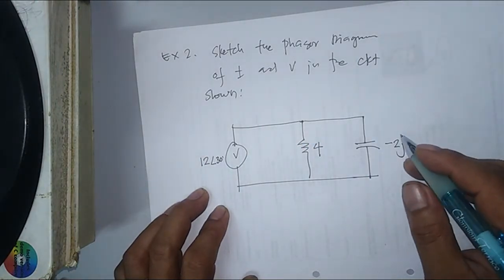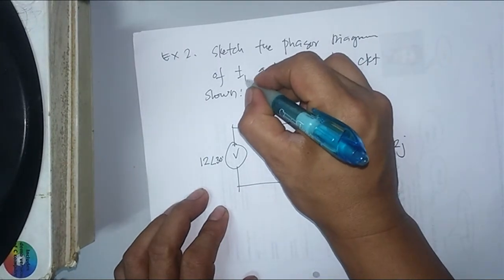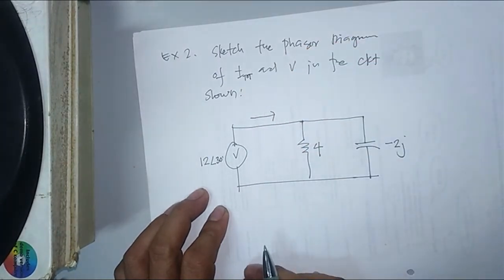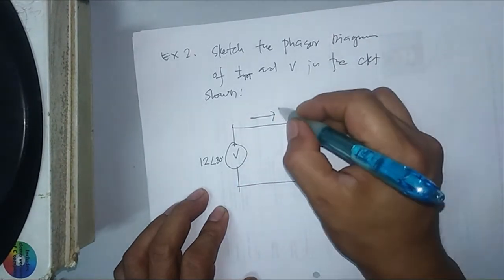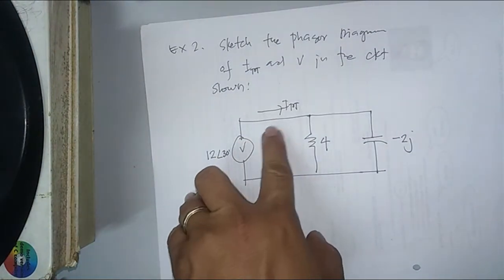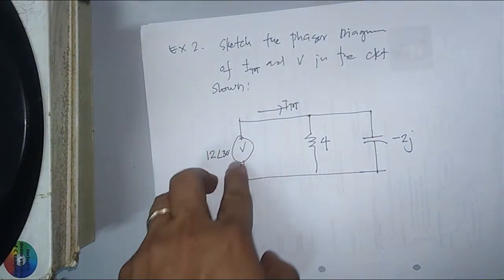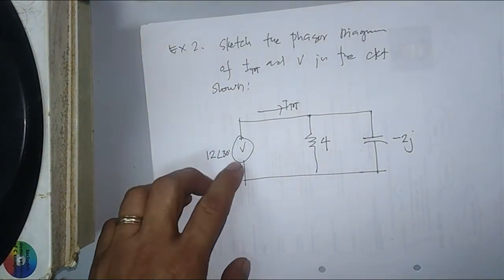Now, our goal is to sketch the phasor diagram of your total current and your voltage. Take note, total current is the current that is leaving or entering your voltage source.